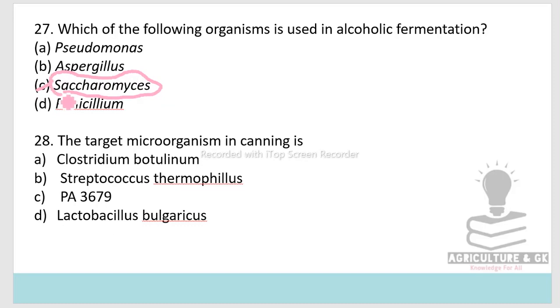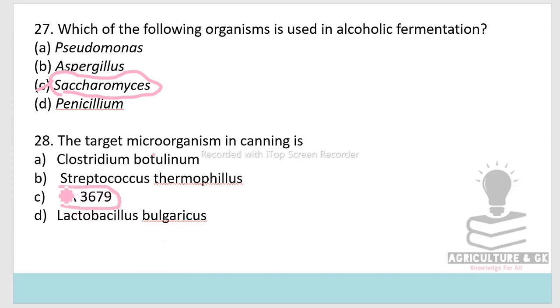Now moving next. The target microorganism in canning is. So in our canning process, which is the target microorganism? Clostridium botulinum, Streptococcus thermophilus, PA3679, Lactobacillus bulgaricus. So it is PA3679.